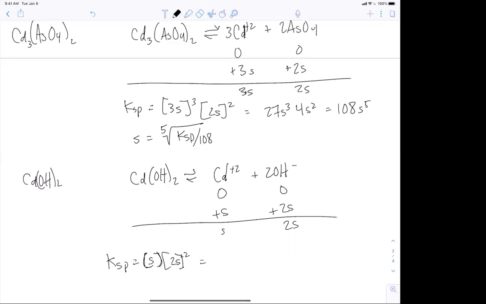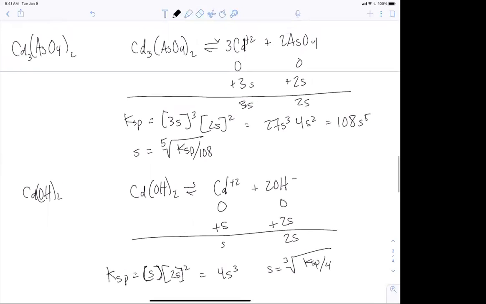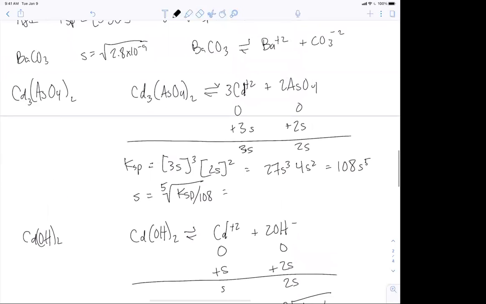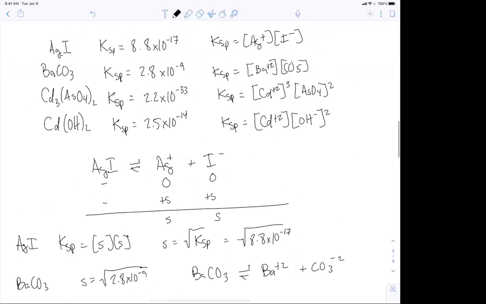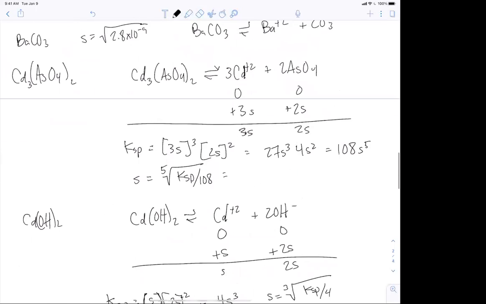That ends up being 4S cubed. So S equals the cube root of KSP over 4. And we can plug in some values for that. What do I have? KSP 2.2 times 10 to the minus 33.